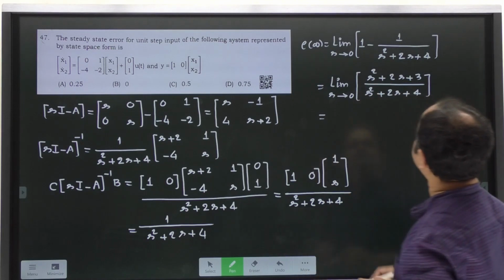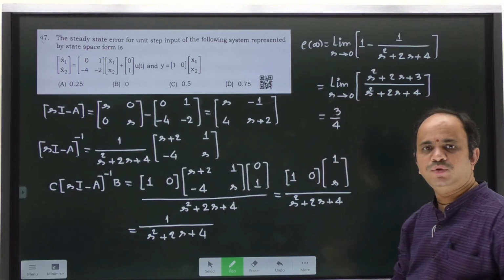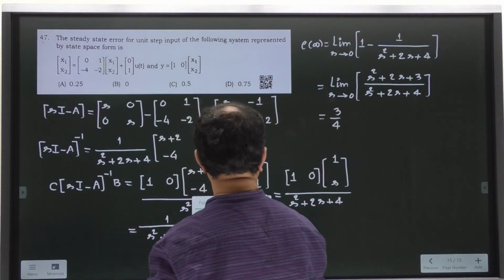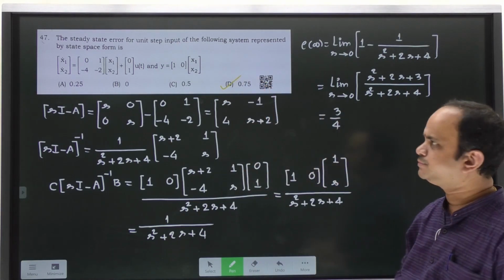By substituting S equal to 0, finally this value will be 3 by 4. 3 by 4 means 0.75, and hence option D will be the correct answer.